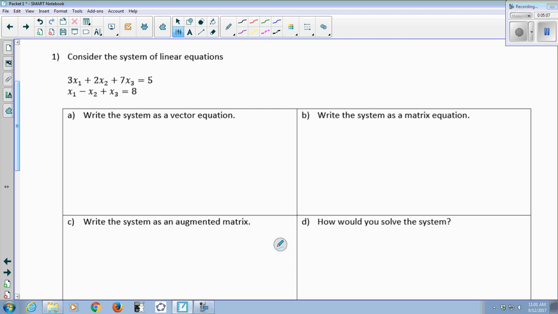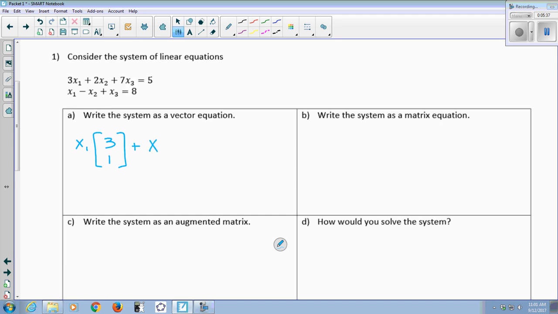All right, so my vector equation is going to be the weights or the unknowns. So I'm going to have an x1, and then the vector is going to be the coefficients, 3 and 1. So x1 times 3, 1 says 3x1 is my first entry, so my first equation, and just an x1 is the first entry of the second equation.